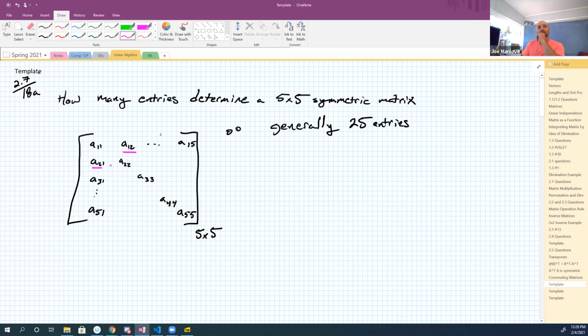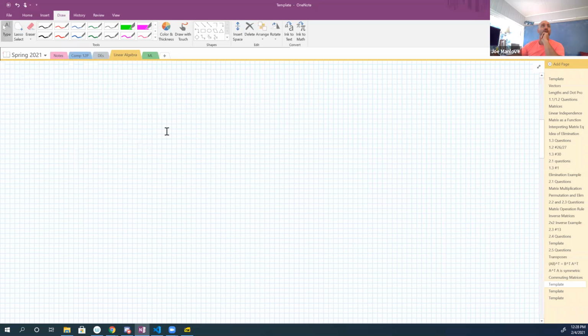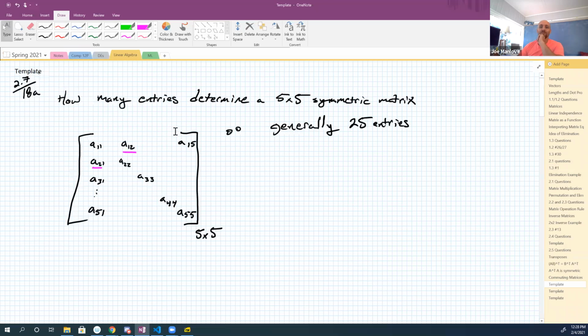What other entries would I have to switch? Everything except the diagonal needs to get switched. So everything below the diagonal has to be the same as what is above the diagonal. You guys with me on that?